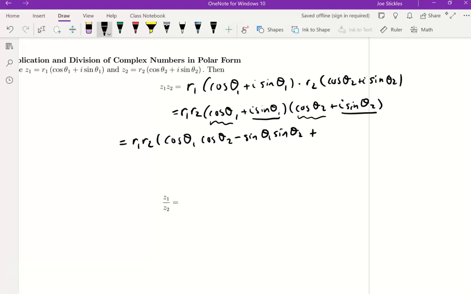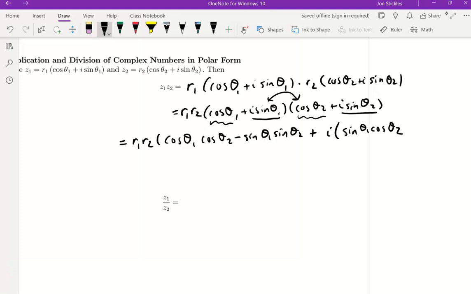Now, let's do the other pieces. Notice that when you multiply this one and this one, you'll have an i in it. And when you multiply this one and this one, you'll have an i in it, right? So I can factor the i out. When I multiply these two together, we get sine of theta 1 cosine of theta 2.